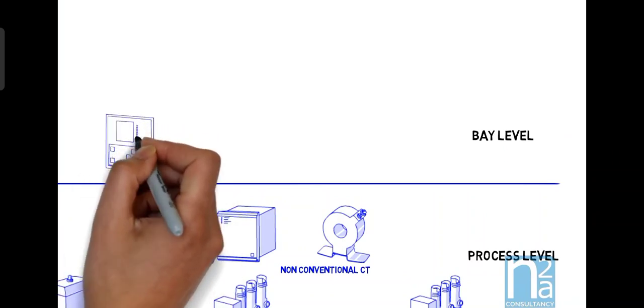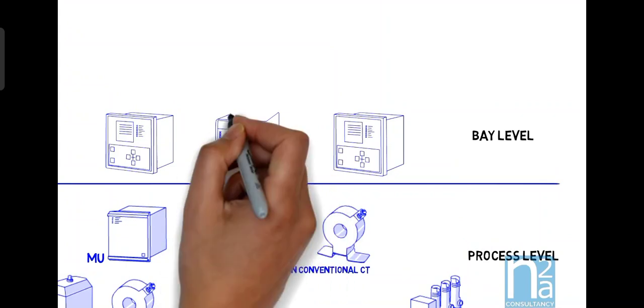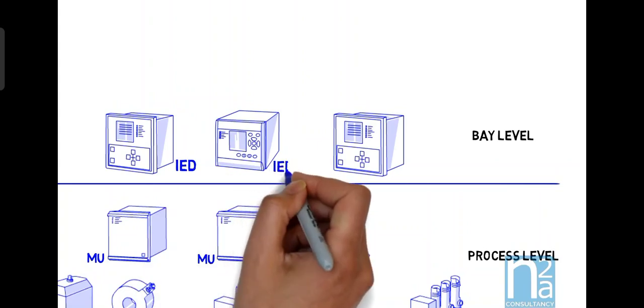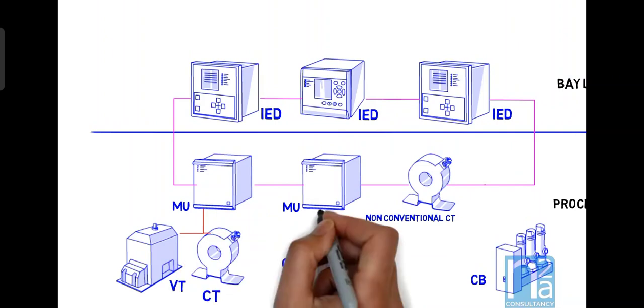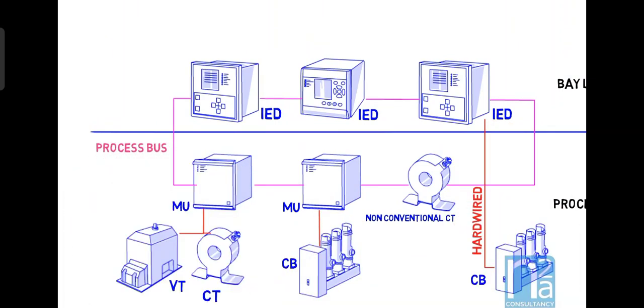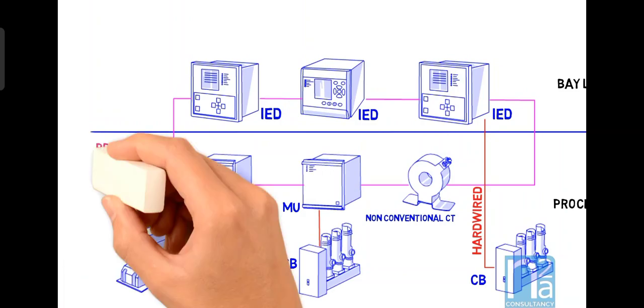IED is the new name for relays, to reflect their capability to take a decision based on logic and information collected from the process-level devices. IEC 61850 defined the process bus to allow communications between IEDs and intelligent instruments and switchgear. Conventional CTs, VTs, and switchgear could also be connected through an analog-digital converter called a merging unit.